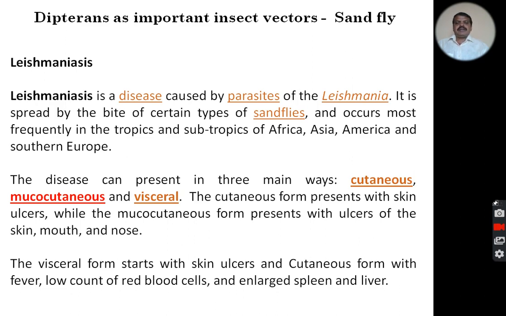The disease can present in three main ways: cutaneous, mucocutaneous and visceral leishmaniasis. The cutaneous form usually presents with skin ulcers. The mucocutaneous form presents with ulcers of the skin, mouth and also the nose.